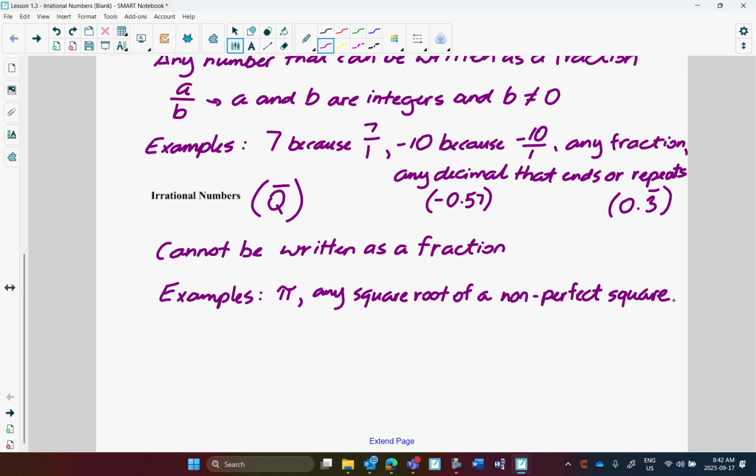Rational or irrational? Square root of 4. Why is it rational? You're right. Because it's 2, which is the same as 2 over 1. Okay? So things like square root 2, square root 3, square root 5, 6, 7, 8, but not 9.